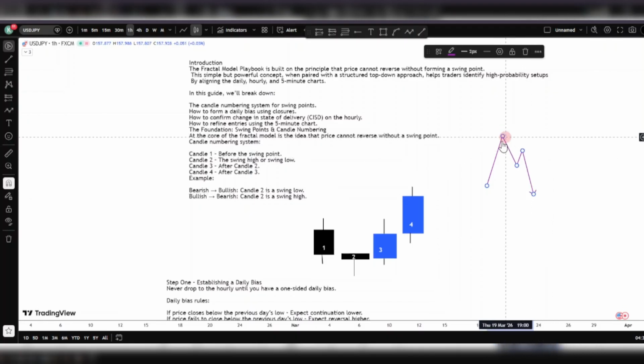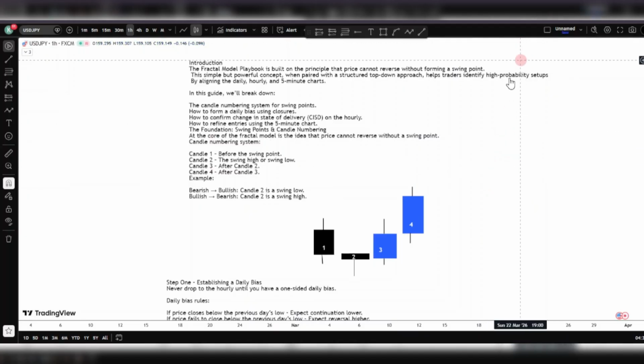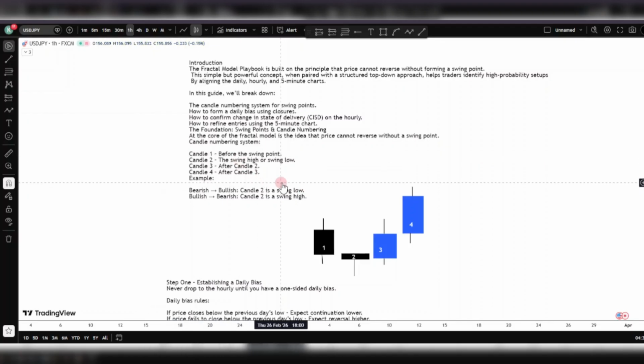When it comes to the candle numbering system, we normally have candle 1, 2, 3, 4. In this example, in the case of bearish to bullish, candle 2 is the swing low, and in the case of bullish to bearish, candle 2 is our swing high. So we have candle 1, and then candle 2, which forms our swing low, because now we are changing from bearish to bullish.